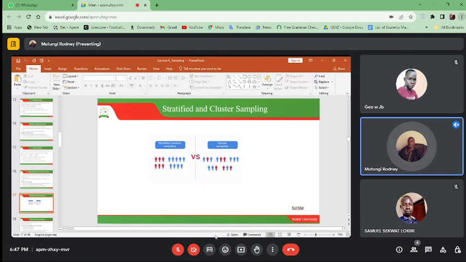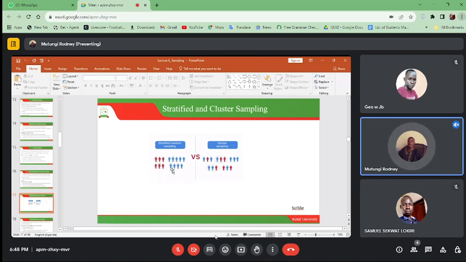The circles might not be clear for you, but we are trying to say that if this is the population that you are selecting from, in stratified, you are going to go, for example, here, and then you collect these people here because they have the same characteristic.